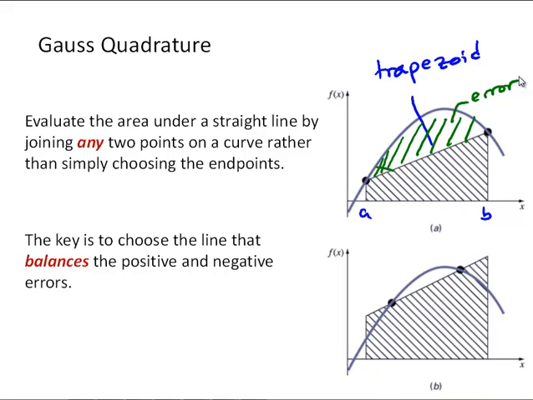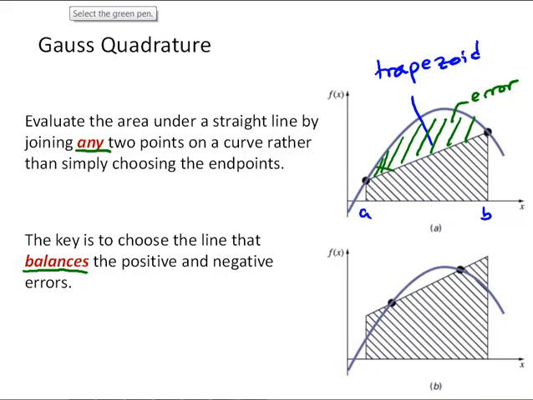Well, the basic idea of Gauss Quadrature is to evaluate the area by joining any 2 points on a curve rather than simply choosing the endpoints, and then to strategically choose the line that we use so that the positive and negative errors are balanced.